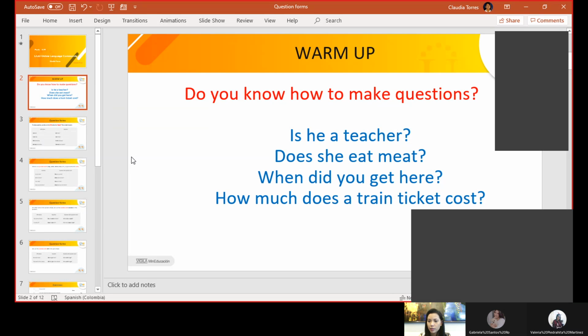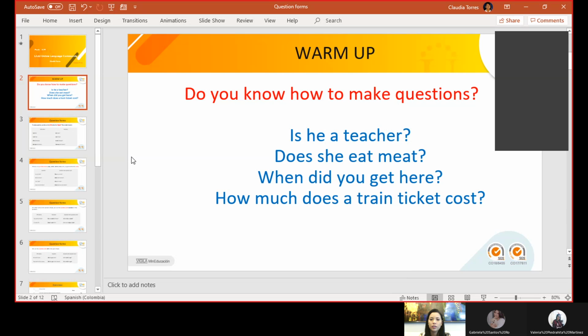Gabriela says present simple and another question with auxiliary do. Yeah, that's correct. In the first question, you have the verb to be at the beginning, and after the verb to be, you have the pronoun he. In the second question, you have the auxiliary verb does for the present simple form. Okay, and what about the two last questions?